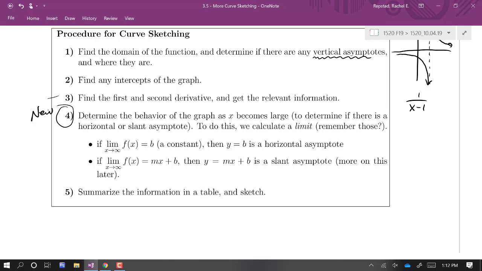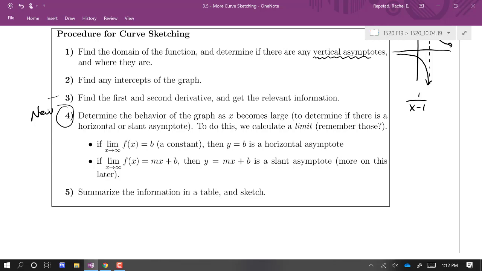And in order to figure out what that behavior is, we evaluate the limit as x gets huge. If we find that limit is a constant, then the horizontal line y equals that constant is a horizontal asymptote. Like in this case, 1 over x minus 1, y equals 0 is a horizontal asymptote. This is a line that the graph just keeps getting closer to. It doesn't actually become 0. That's okay. But it's what it approaches.